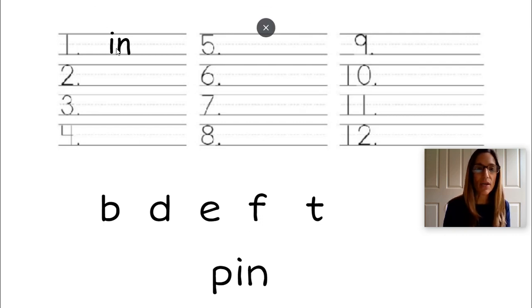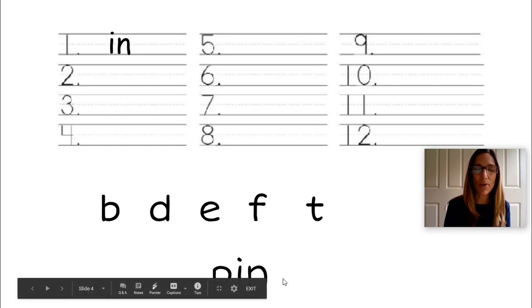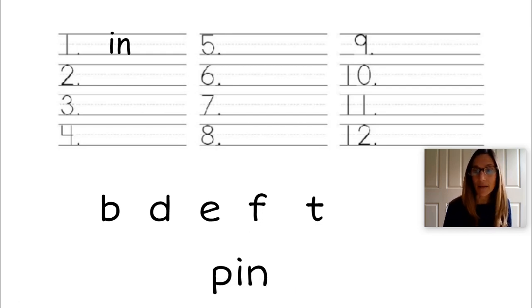And you can see that I just have the first word written here. In became pin. Okay, so we know in the word pin that I is saying its sound, right? I. But what letter could we add to the end of pin to make I say its name? And we change it from pin to pine.